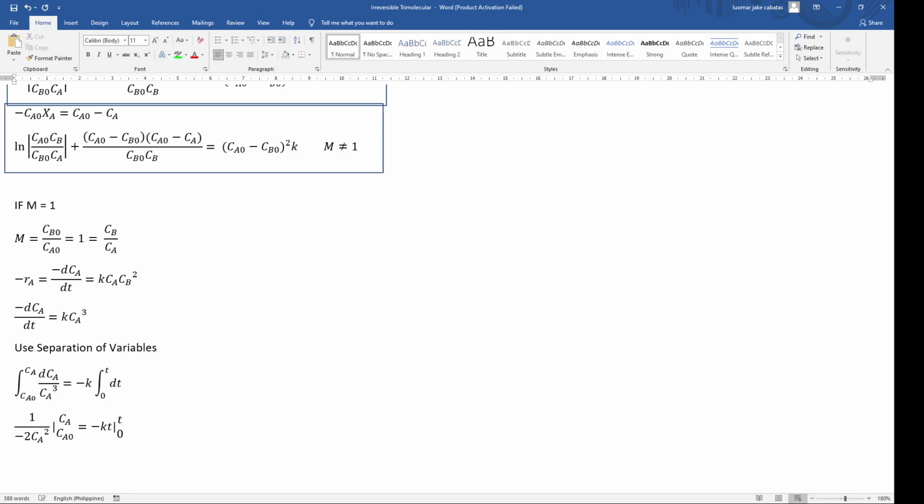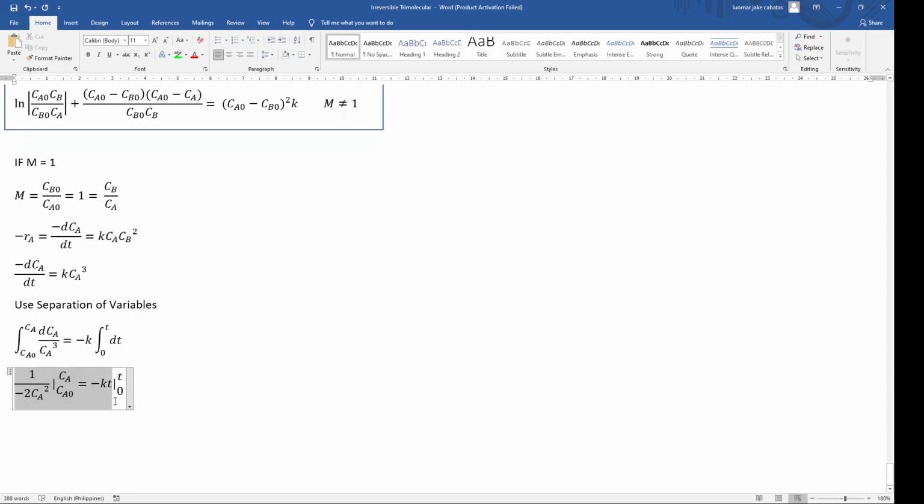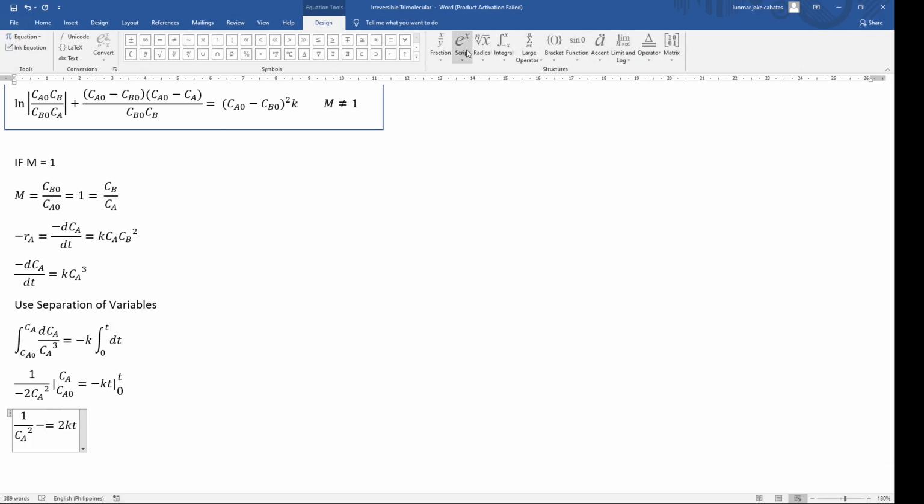Then pwede natin i-transfer ito sa kabila. So, negative times negative becomes positive 2. And then, applying the limits, 1 over C_A squared minus 1 over C_AO squared.